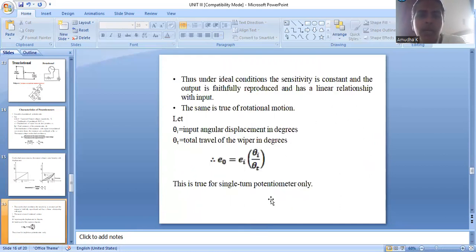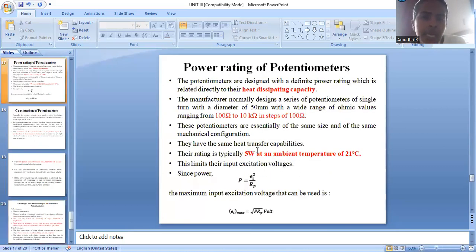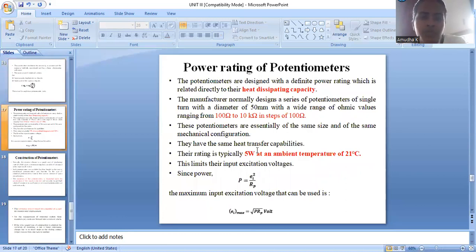And in angular displacement, the output voltage E_o is equal to E_i times theta_i by theta_t, where E_i is the input voltage, theta_i is the input angular displacement in degrees, and theta_t is the total travel of the wiper in degrees. When we measure the displacement in terms of angle in degrees, it is called angular displacement.